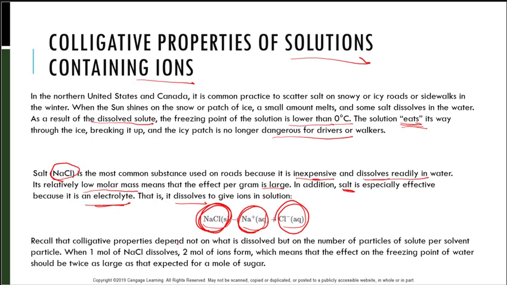Recall that colligative properties depend not on what is dissolved, but on the number of particles of solute per solvent particle. When 1 mole of sodium chloride dissolves, 2 moles of ions form, which means that the effect on the freezing point of water should be twice as large as expected for a mole of sugar.